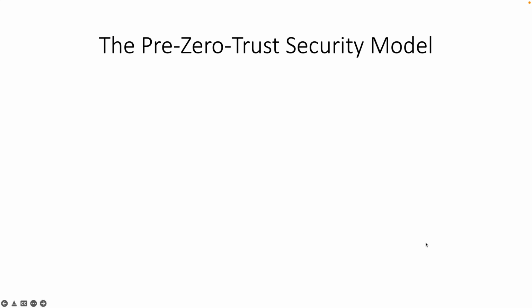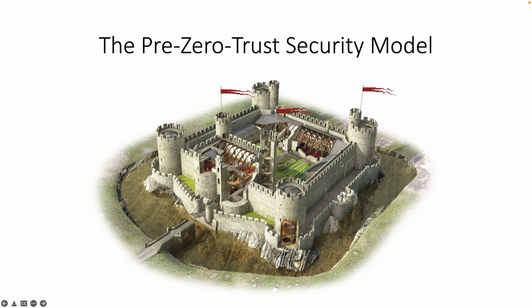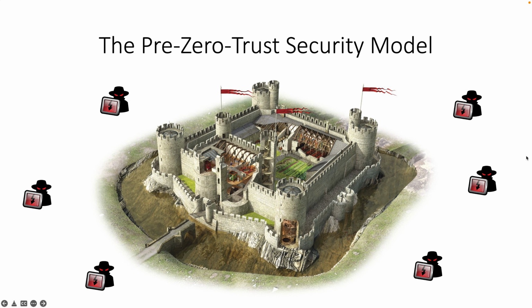Remember the pre-zero trust security model we mentioned in the last video? All the resources are stored in the castle, and bad guys cannot get in, and all people inside the castle are implicitly trusted. So they can access all the data, all the resources inside the castle.